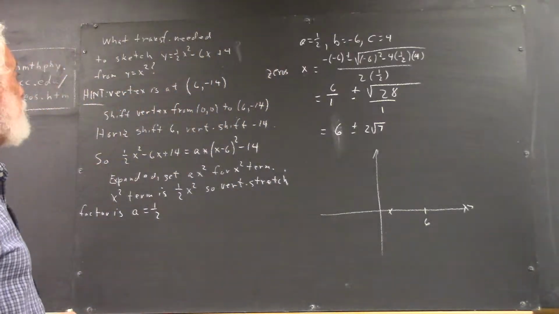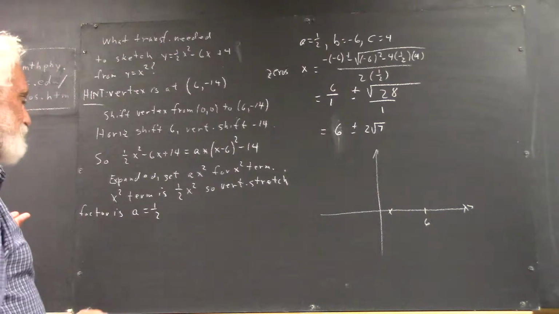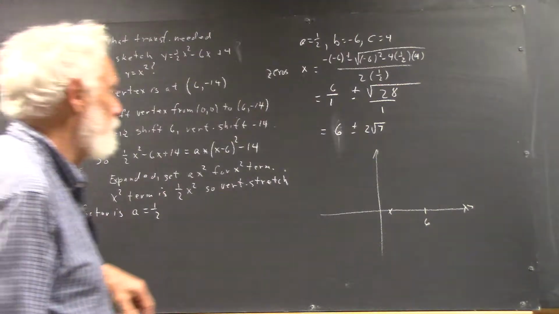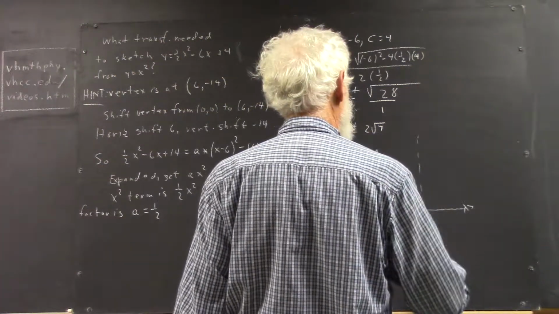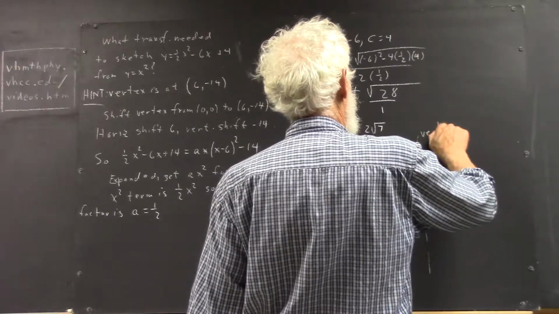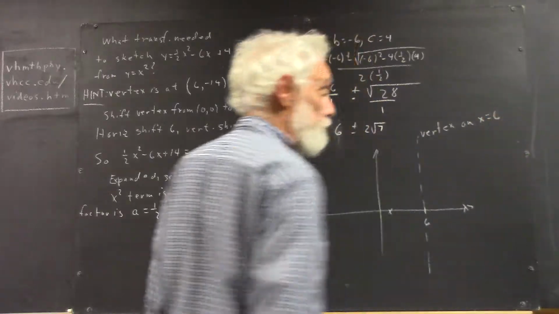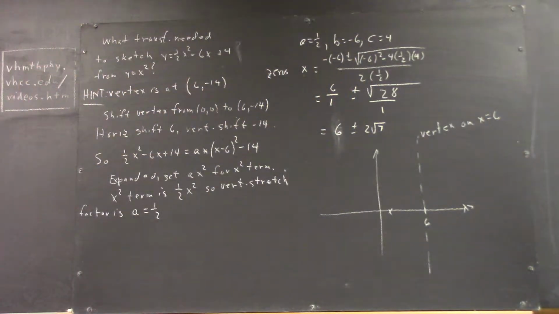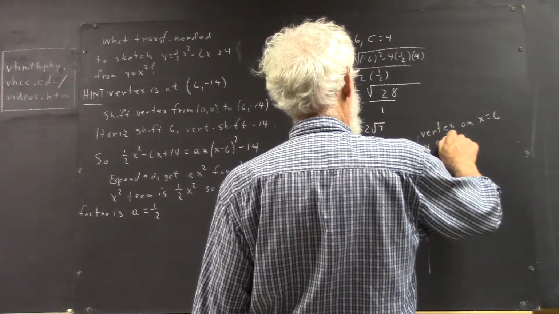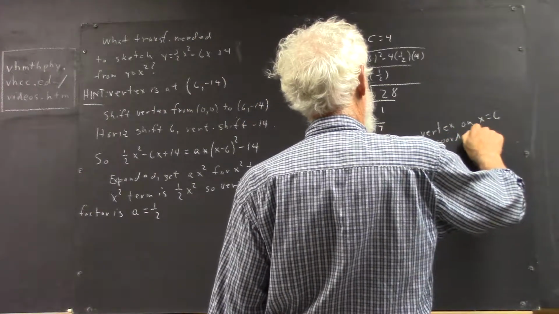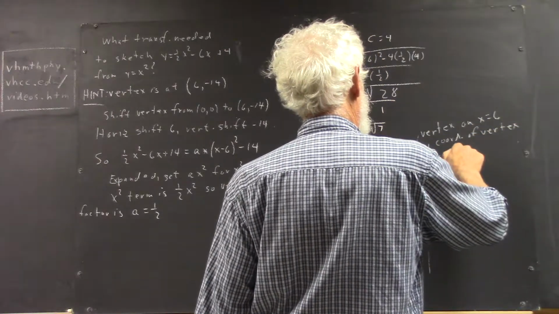Well, let me back up a minute. Your vertex is on the line x equals 6. So the y-coordinate of your vertex is what?